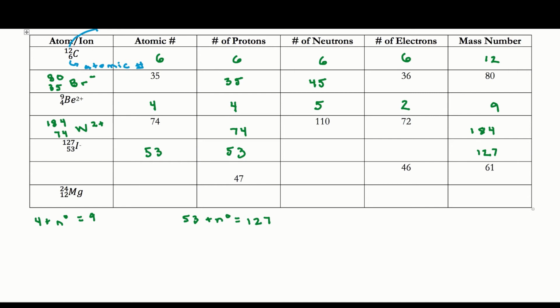Which means I'm going to have 74 neutrons. Okay, and finally, number of electrons. Notice iodide has a -1 charge, which means I have one more electron than protons. Well, since I have 53 protons, if I have one more electron, that means I have 54 electrons. Let's look at the next problem.